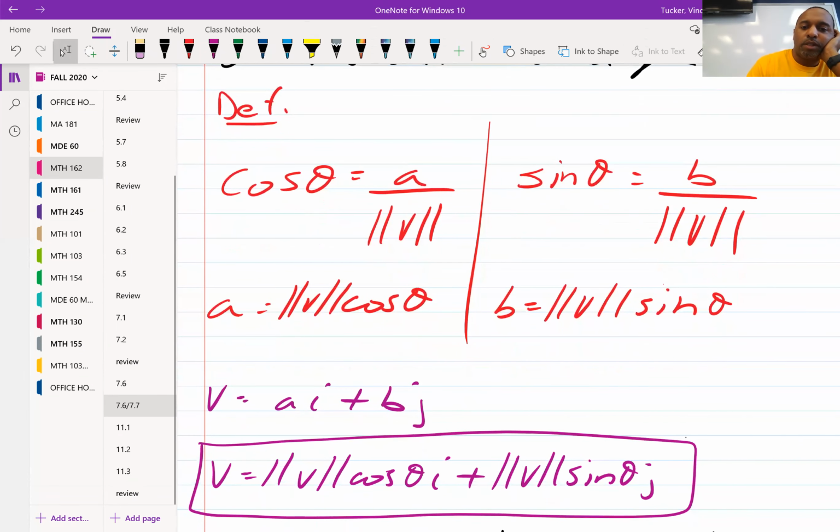All right, so then don't forget another way we can use this, because if vector V is equal to A times I plus B times J, we can plug in this for A, this for B into our linear representation of our vector and have this expression here.